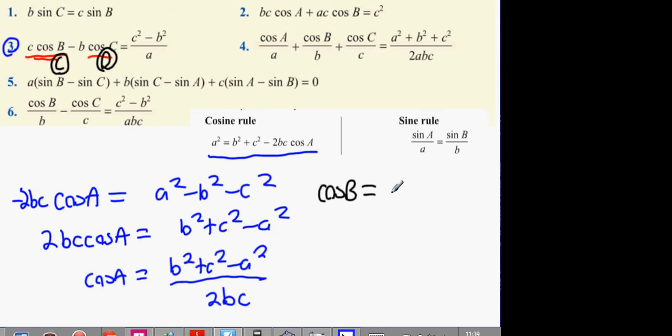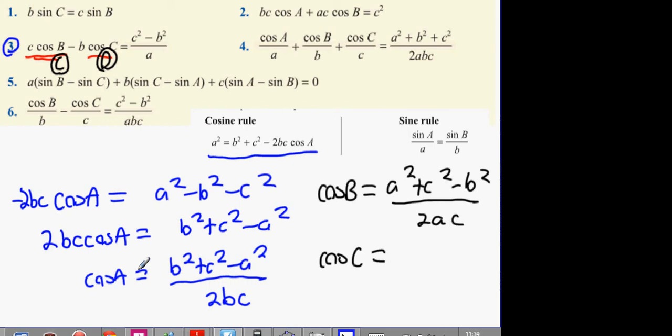So that's now going to become A squared, C squared, and where it was A is now B. And then there's a B there, that changes to an A. The next one you can do is cos C. And what do you do for cos C when you're comparing it to the original? Anywhere you see A, replace it with C. Anywhere you see C, replace it with A. So it's going to be B squared plus A squared minus C squared.